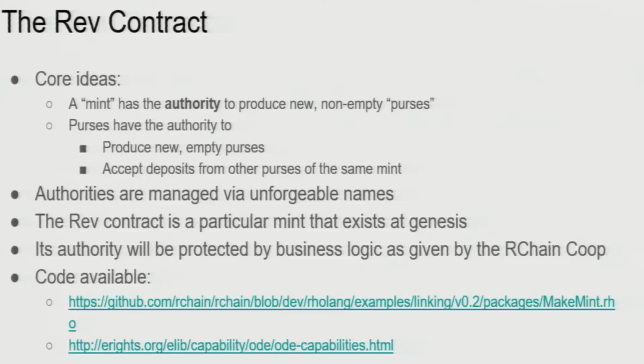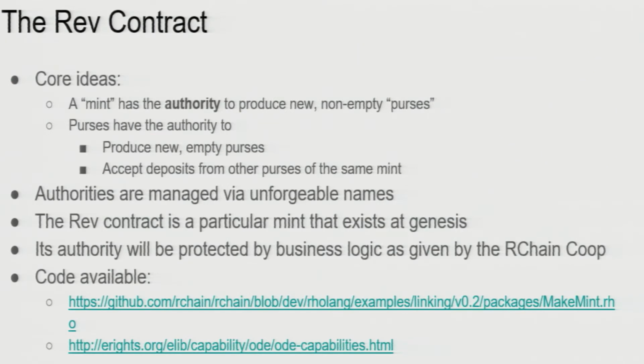And this is sort of the most basic version of transferring tokens from one party to another. And all of these authorities are managed through unforgeable names, right? So this is going to be very important when we're talking about how do we actually access these objects if they're only available through unforgeable names. And the answer is going to be public names that modulate that authority, right?